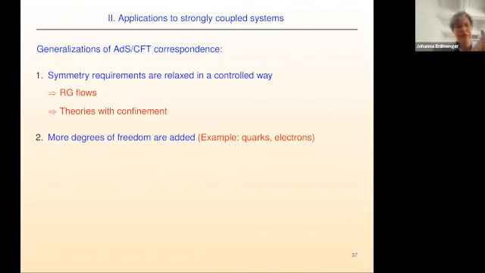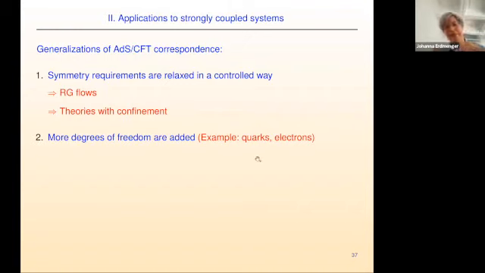So all I wanted to say is that now we have to add some other degrees of freedom, other fermions, which are in the so-called fundamental representation of the gauge group. This means that on the gravity side of the correspondence we also have to add something, and I will show you how.